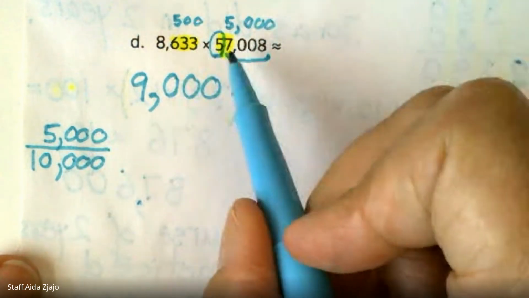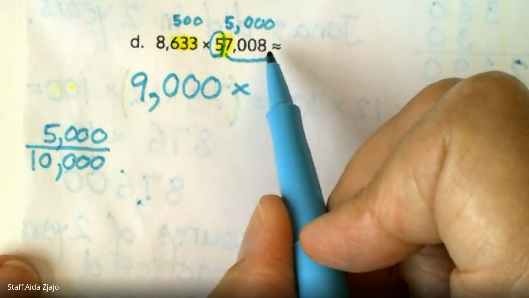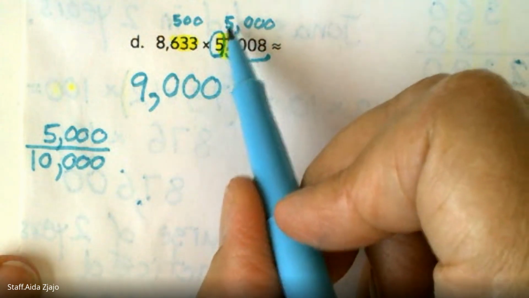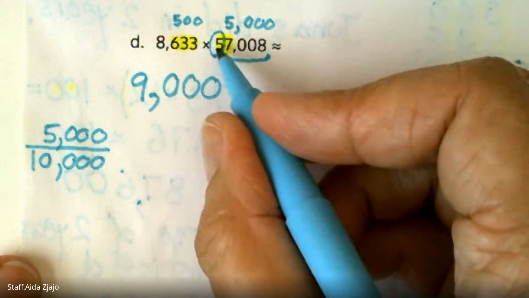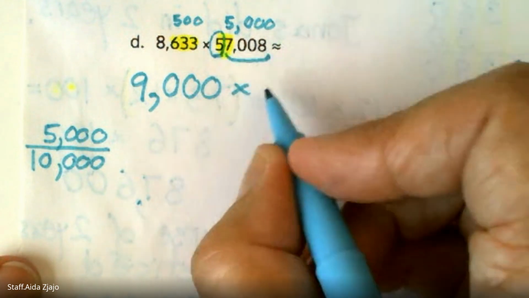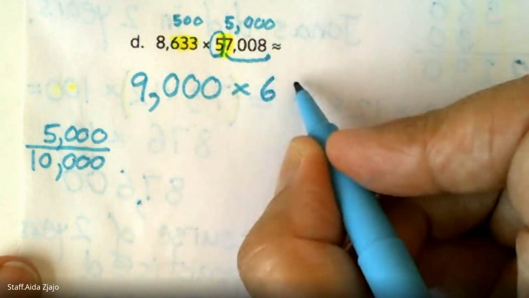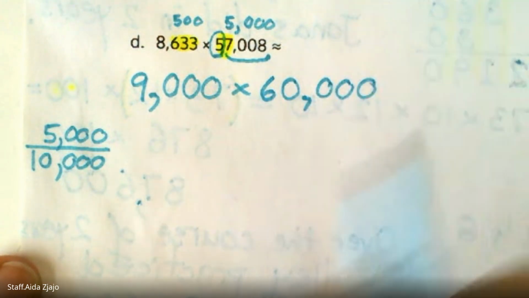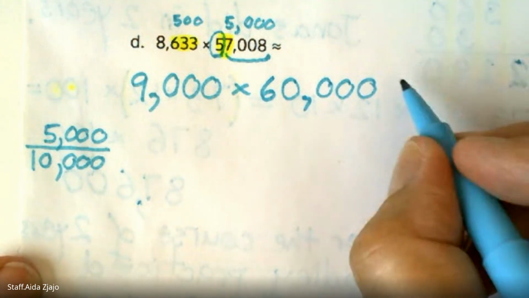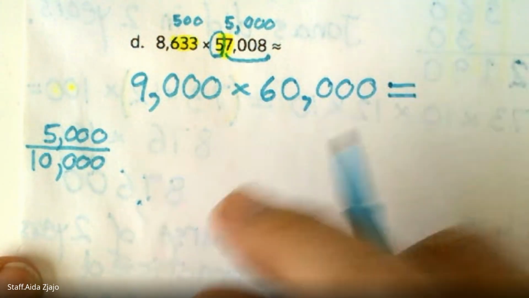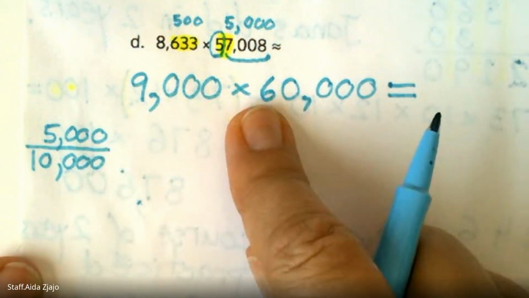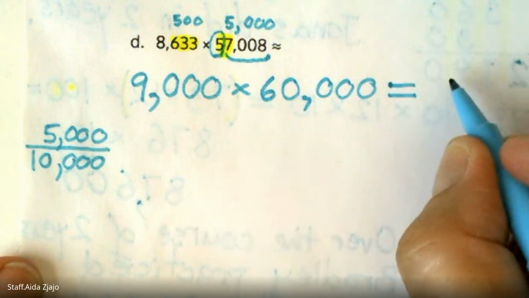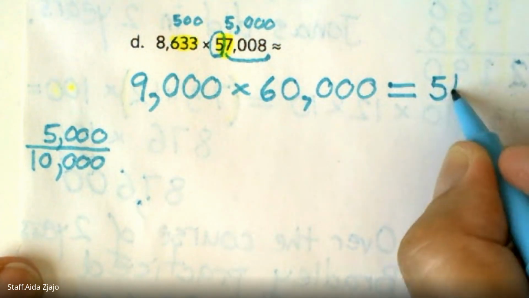So here is 7,008. So I can pretend that I have not five 10,000s, I will have 60,000. Okay, so now my estimate is going to be 9 times 6. 9 times 6 is 54.